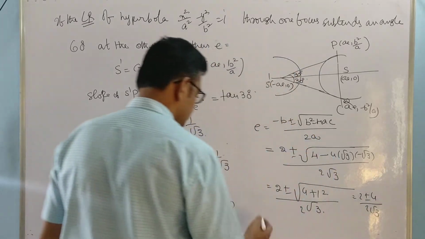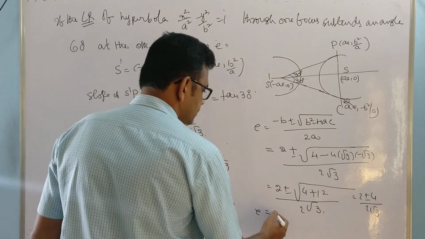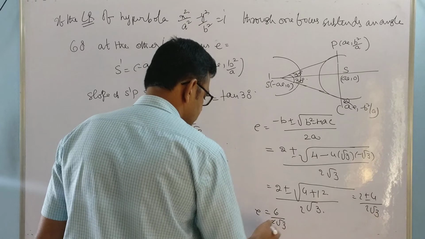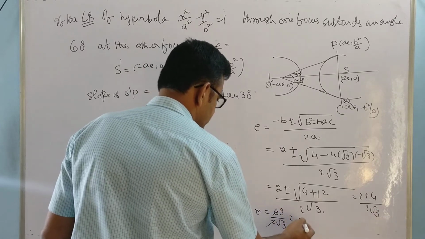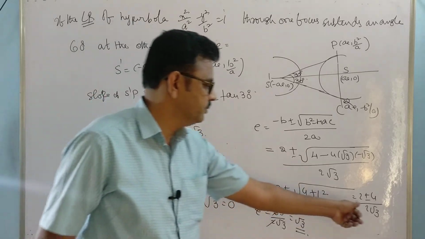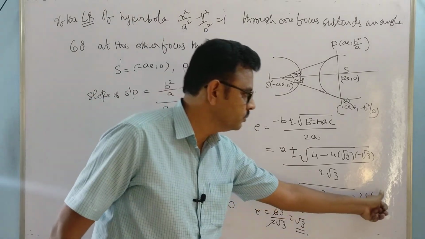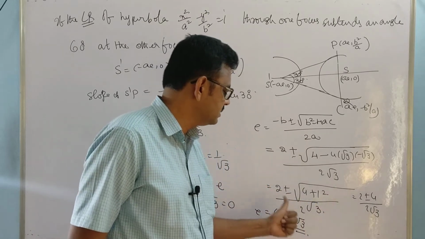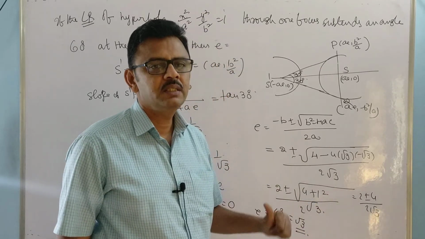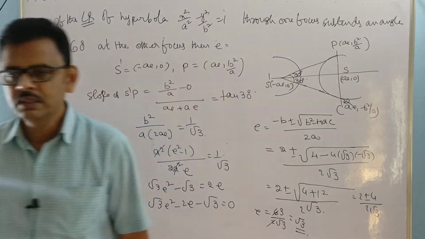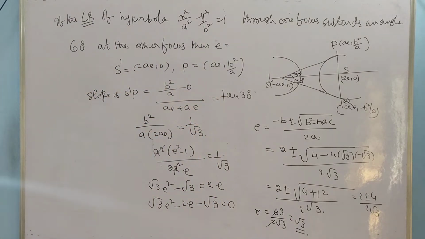If you take plus, e is equal to 6 by 2 root 3, so 3 by root 3 is root 3. If you take minus, 2 minus 4 is minus 2 by 2 root 3, but eccentricity is not a negative value because it is greater than 1. Therefore e is equal to root 3. That is the eccentricity of the hyperbola.